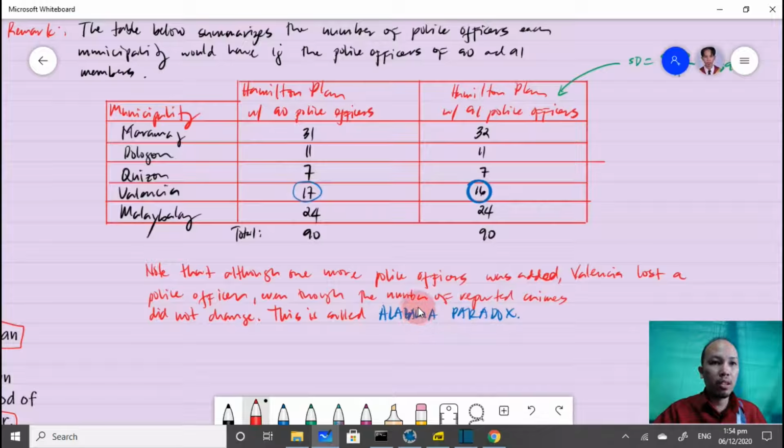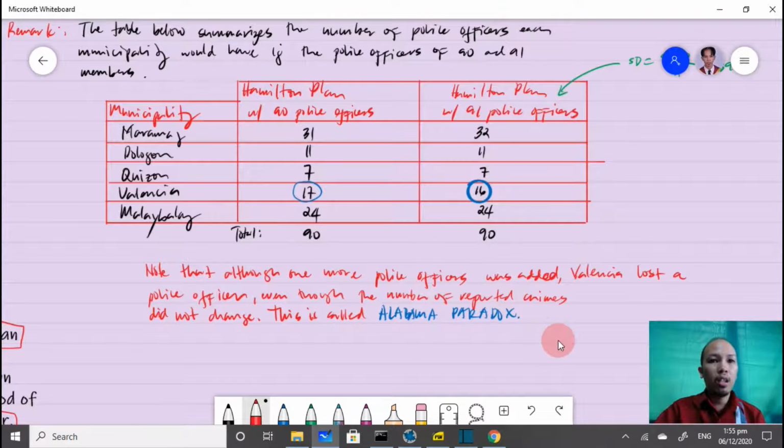The Alabama paradox is something like this: if you increase the number of representatives, and a given state or municipality loses a representative compared with the original number before adding a new representative, then the plan commits the Alabama paradox.